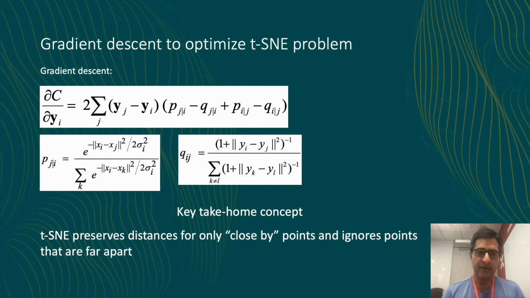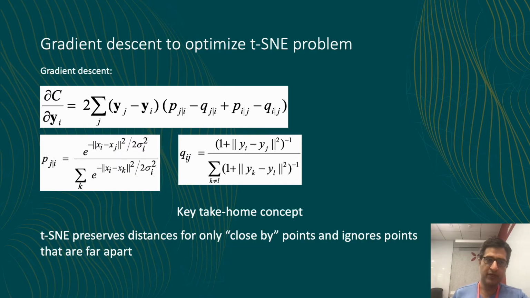In typical TSNE implementations, this optimization is carried out several times to make sure you find appropriate parameters. But the key take-home concept as far as TSNE is concerned is that while it allows you to visualize these high-dimensional data sets in low-dimensional, two-dimensional spaces, it only preserves distances of points which are close by.